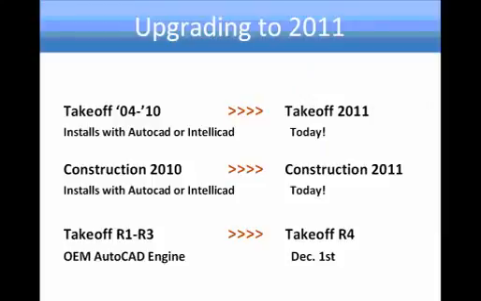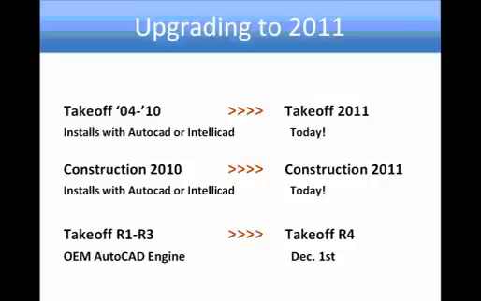Looking at what we are going to take a look at today in our new release and how you could upgrade to that, there's a couple different options. If you're on Carlson Takeoff, any version 2004 to 2010, that's the module version that installs with either AutoCAD or IntelliCAD, you can upgrade to Carlson 2011, and that's something that is only hours away from being released today.